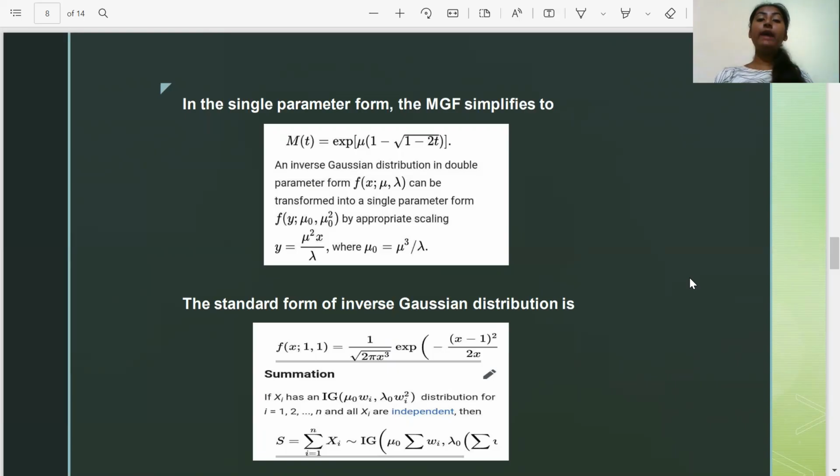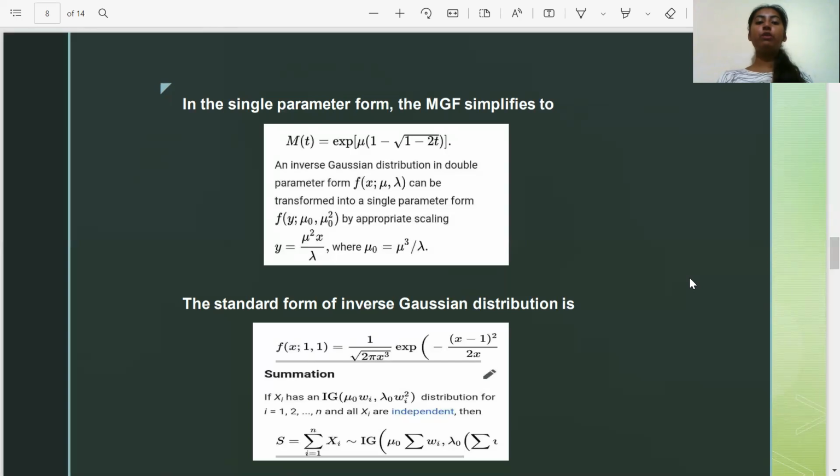An inverse Gaussian distribution in double parameters form f of x, mu, lambda can be transformed into a single parameter form f of y, mu naught, comma mu naught square by appropriate scaling y is equal to mu square x by lambda, where mu naught is equal to mu cube by lambda.